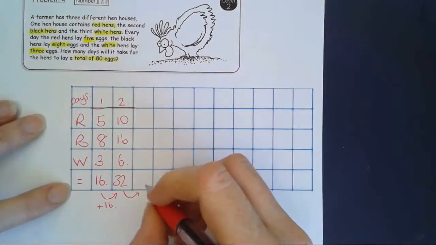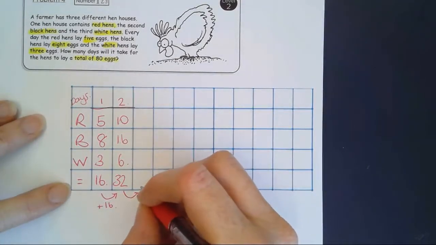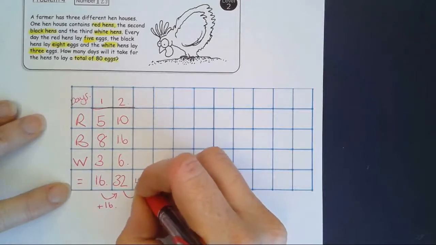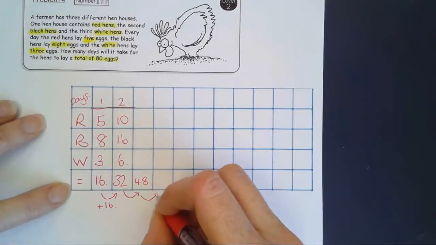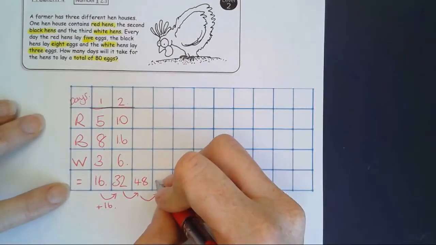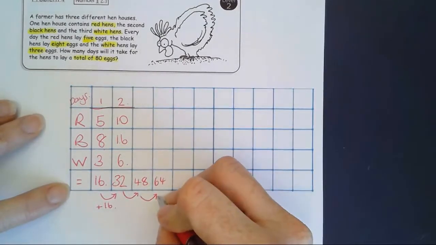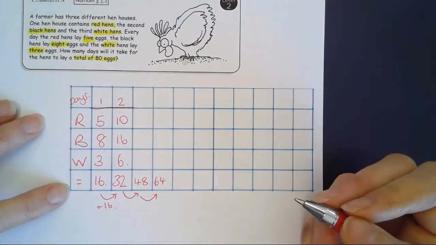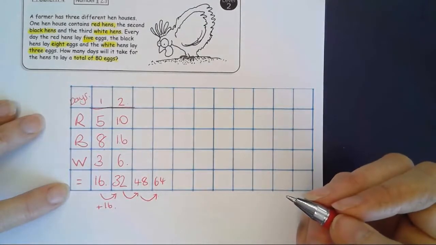32 plus 16 is? 48. Awesome, James, thanks. 48 plus 16 is? 64. Next one's 80.